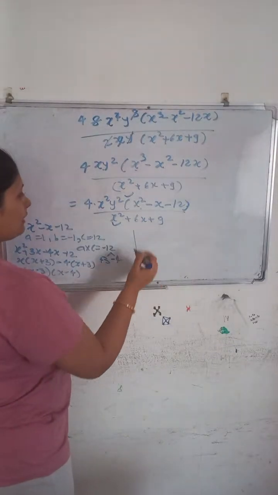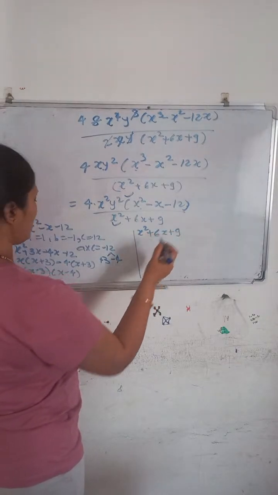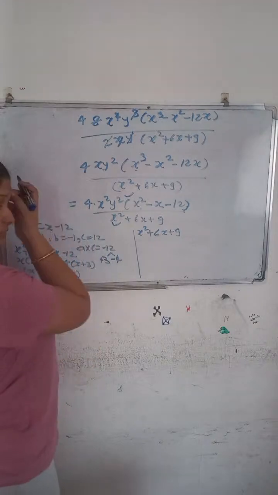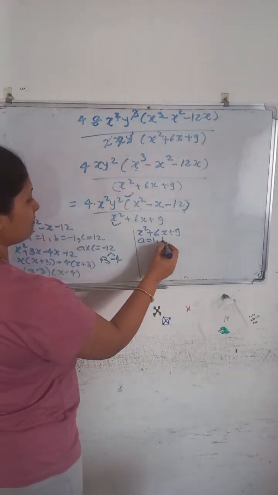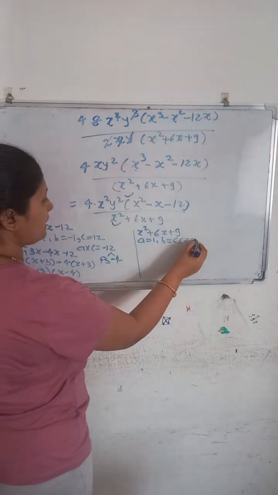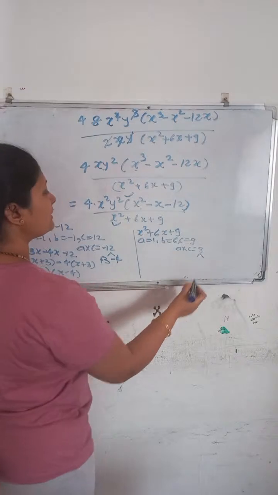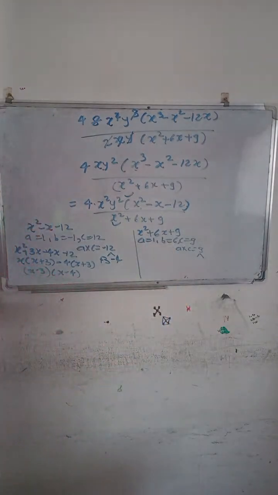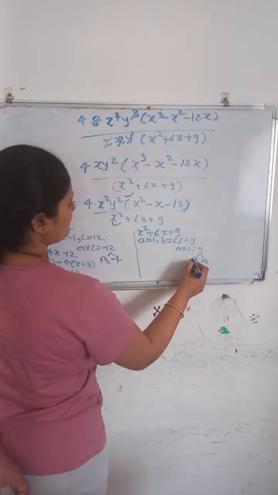Okay, so now here we have x square plus 6x plus 9. Here again you can split it. a is 1, b is 6, c is 9. So a into c is nothing but 9. Split 9 in such a way that the sum comes to 6. So here we can write 3 threes are 9 with plus sign.